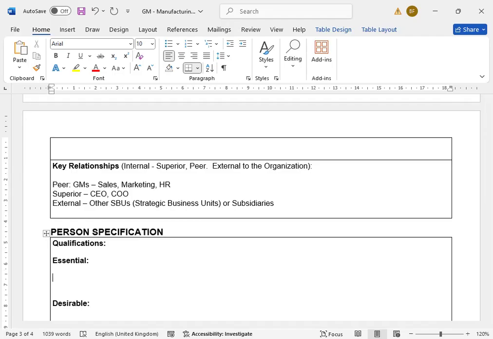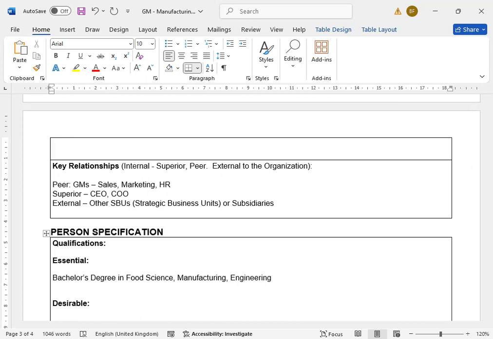For the essential, I would say for the GM, a bachelor's degree is enough. You don't have to have a PhD. The degree should be in food science, or manufacturing, or engineering.